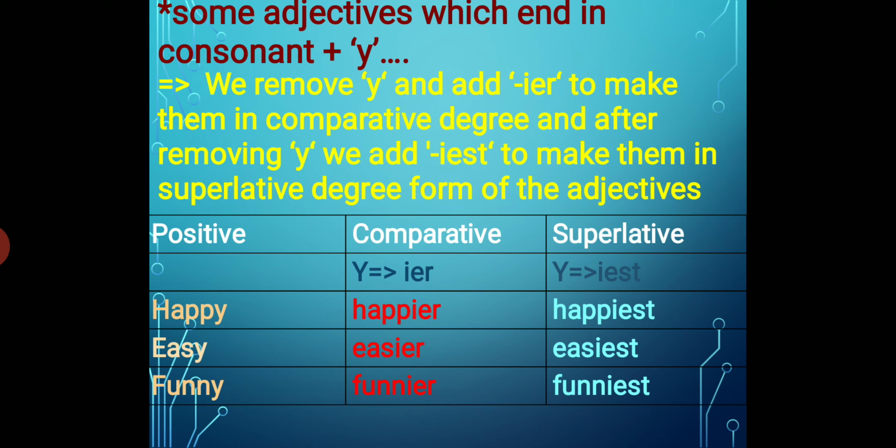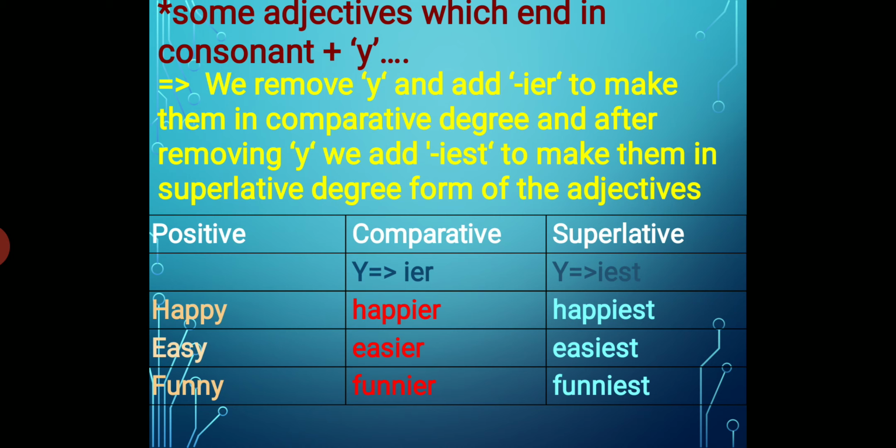So we remove Y and add IER to make it in a comparative form, and in a superlative form we remove Y and add IEST. Okay, let's see the three positive forms of the adjective which ends with Y.